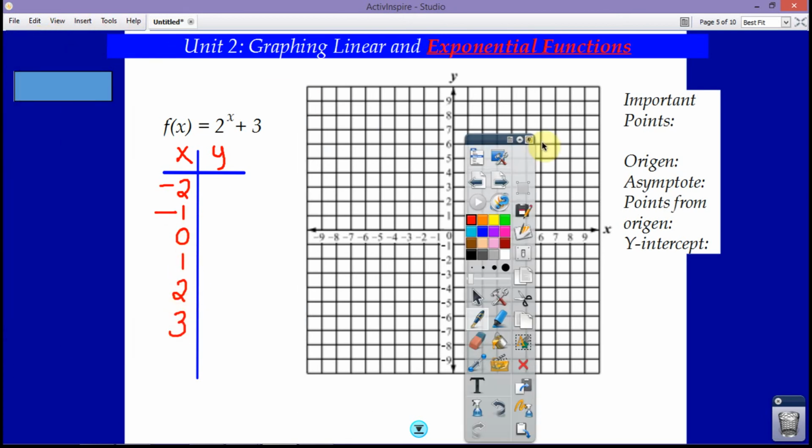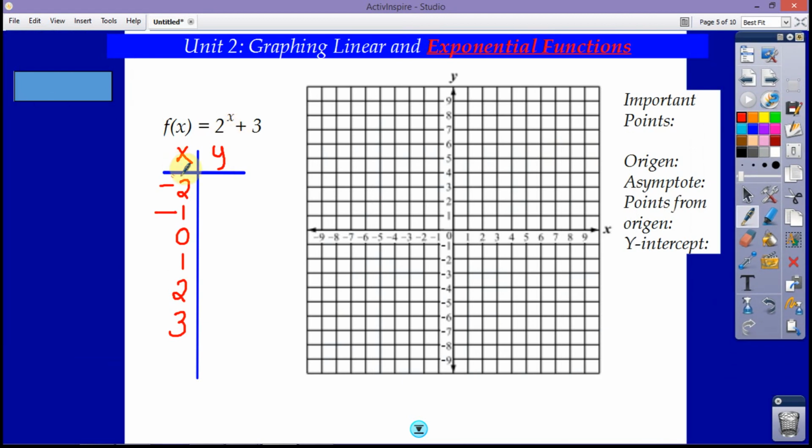Let's move this bar over there. So if we plug in the -2, remember, f of x also means y. So y equals 2 to the -2 plus 3. Remember, negative exponent, switch it into a fraction. So 1 over 2 to the second power plus 3.